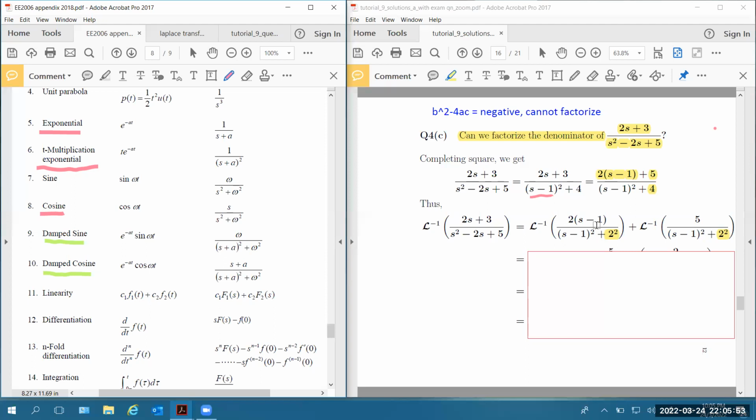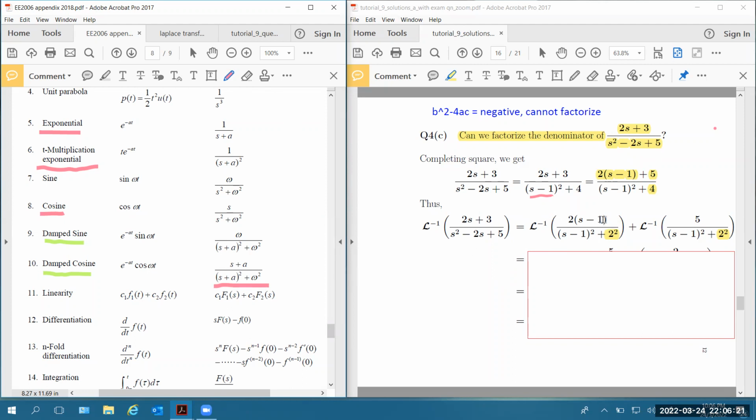This is the inverse Laplace transform, so you should look at those functions of s. Which expression fits? You find that the t-cosine fits. Can you see it fits?